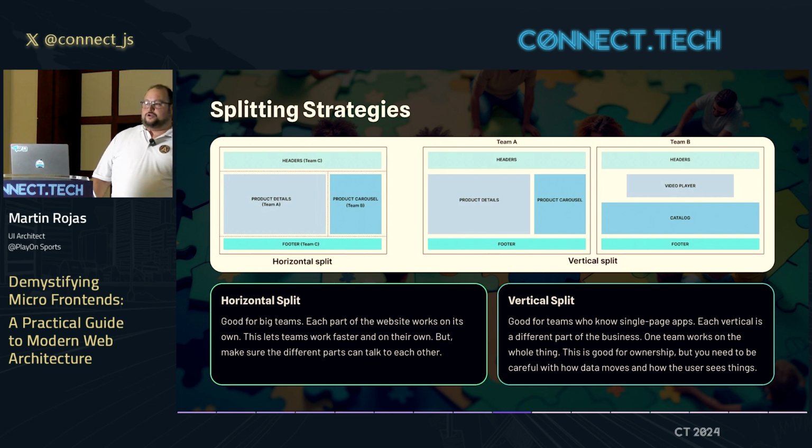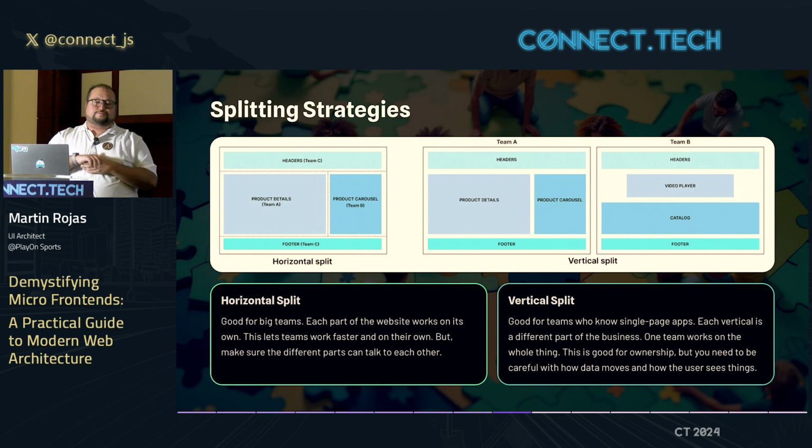You have a team working on components separately, and they come in and bring it together. There is essentially that same thing happening here. You can have a team working on the carousel, and a team working on the details. And they're put together, whether by a monorepo, where each one is in a different part of the monorepo and it all gets integrated together. That's technically a horizontal split architecture, right?